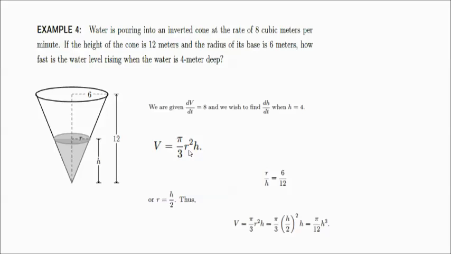Ngayon, wala naman tayong given kapag dinerive natin ito. May makukuha tayong dr over dt, di ba? Kaso, walang given na dr over dt. Ngayon, to solve this problem, we can get an equation in terms of h sa r para maging buong in terms of h itong equation na to.